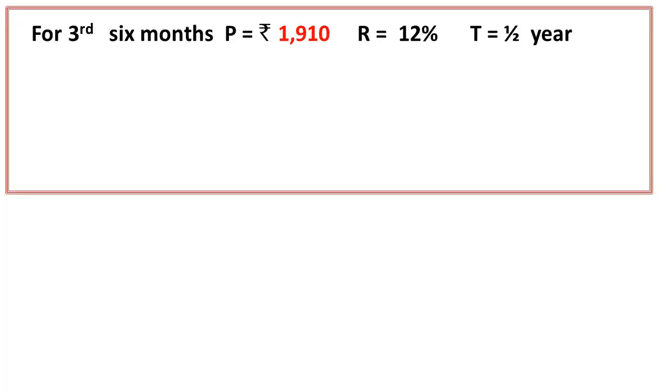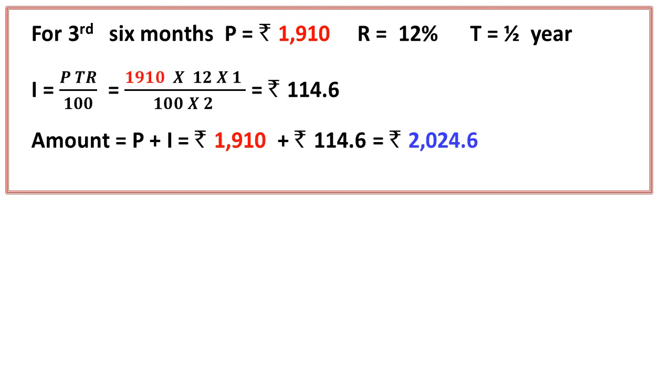Consider this as the principal for the third 6 months and calculate the amount due at the end of the third 6 months, that is equal to rupees 2,024.6. Now the question is very much clear. Calculate the third payment. Already he has made 2 payments. First payment at the end of first 6 months, that is rupees 1,800. Again at the end of second 6 months, he has paid rupees 1,800.